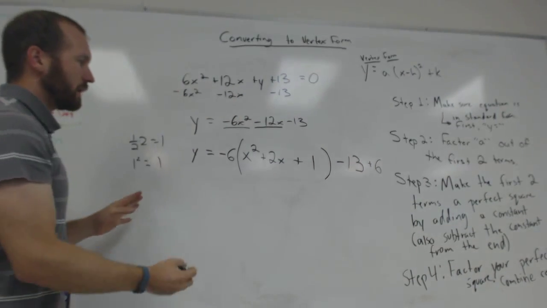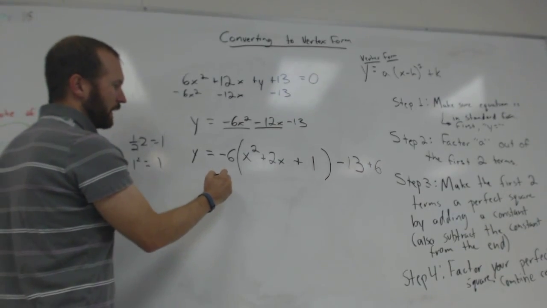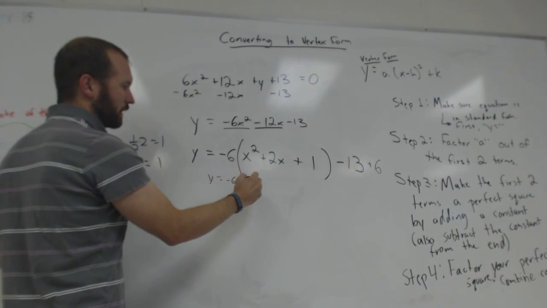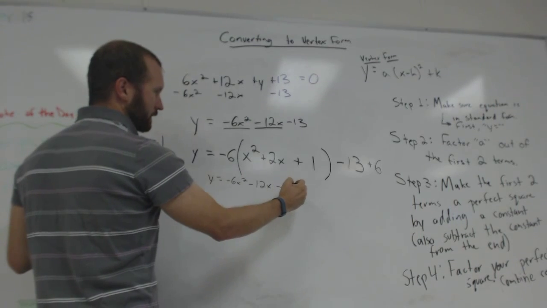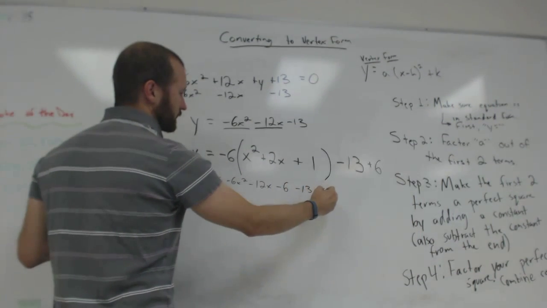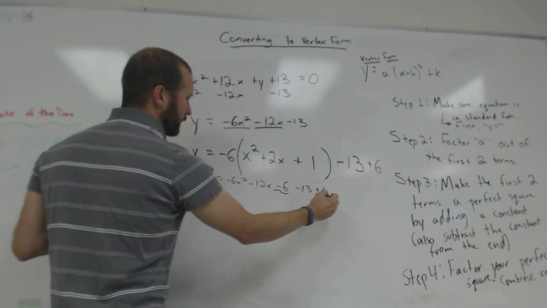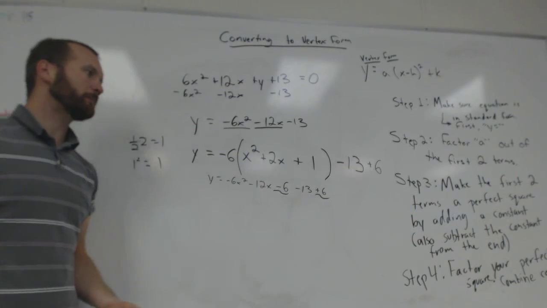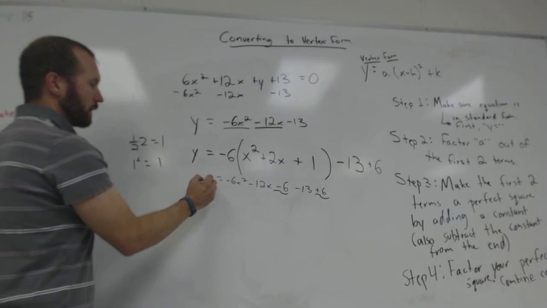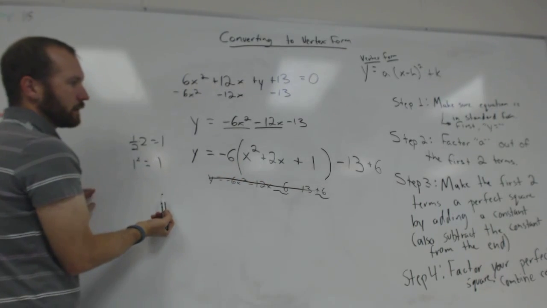Let's just check to make sure that really looks correct. y equals negative 6x squared minus 12x minus 6 minus 13 plus 6. So now I see that those are really opposites. Okay? Now we're going to go back to this.